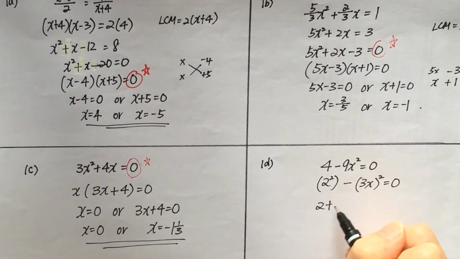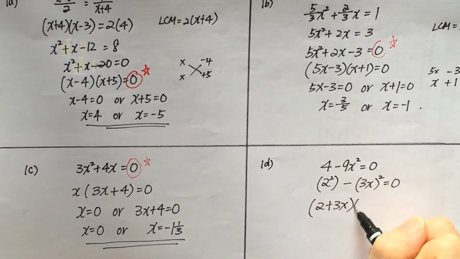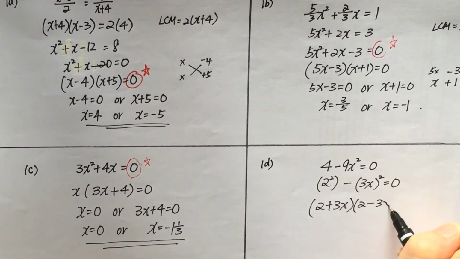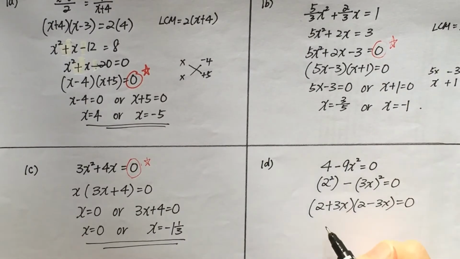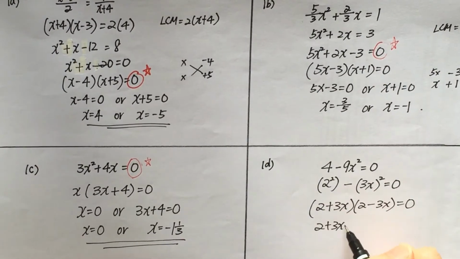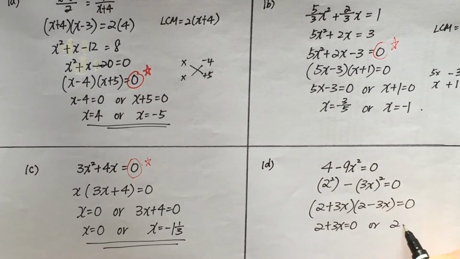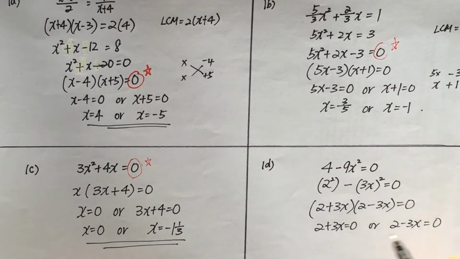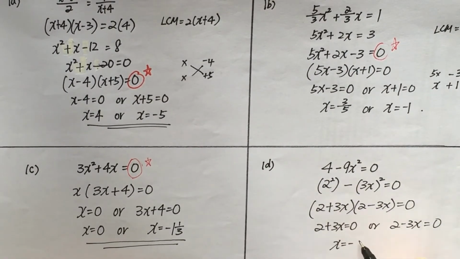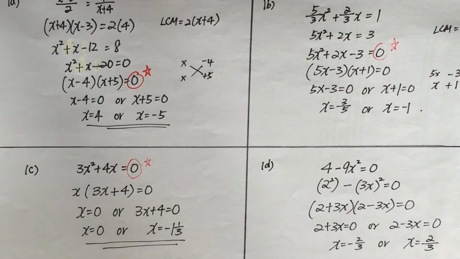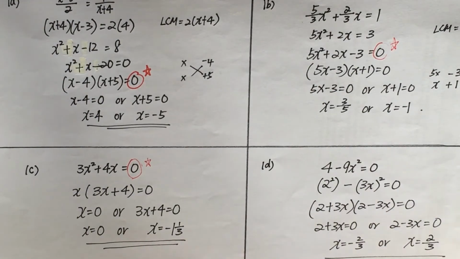I'll have a plus b multiplied with a minus b equals to 0. So again, 2 plus 3x is 0, or 2 minus 3x equals to 0. So x is negative 2/3 or x is equals to 2/3. Okay, and these two are the answers.